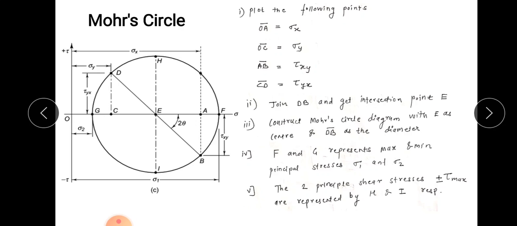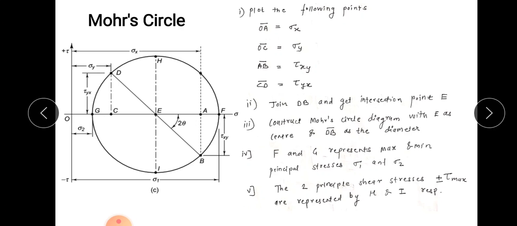Okay, so now you are getting sigma 1 and sigma 2, and you are also getting 2 more points. These are H and I on the vertical axis. These 2 points H and I represent the two principal shear stresses, which are nothing but plus minus tau max.